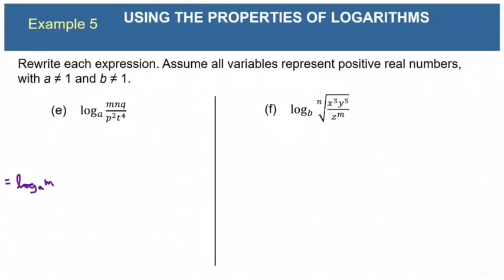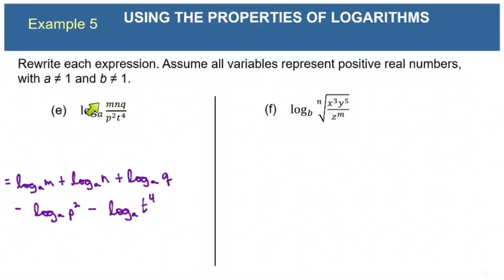We'll have log base a of m plus log base a of n plus log base a of q, and these next two will be minus. So we'll have minus log base a of p squared minus log base a of t to the fourth. And again, the m, n, q terms were positive because they came from the top.